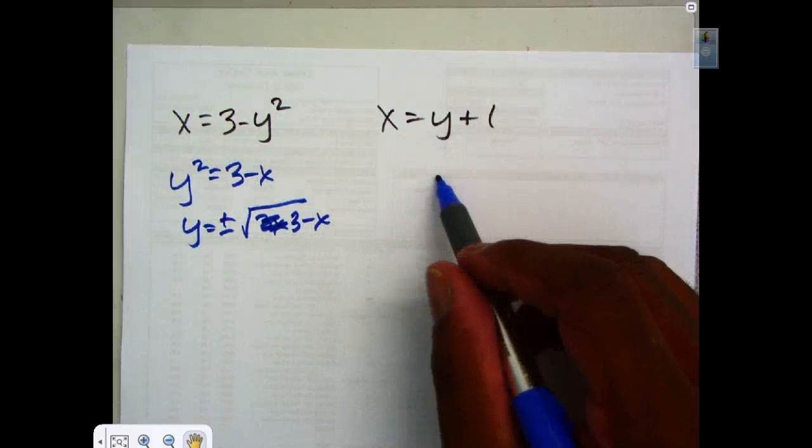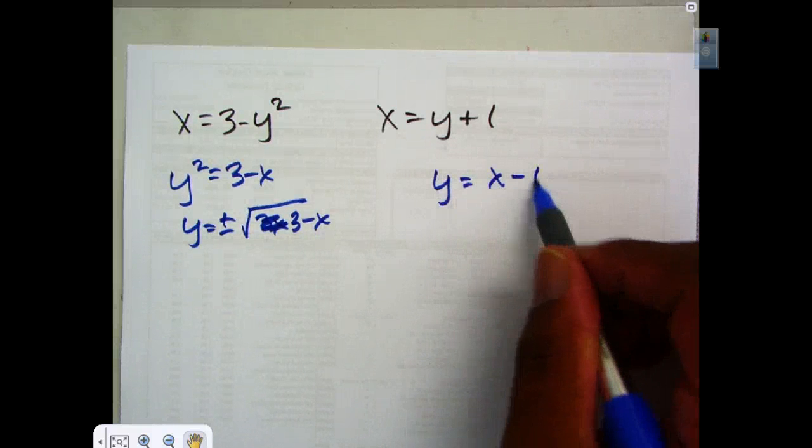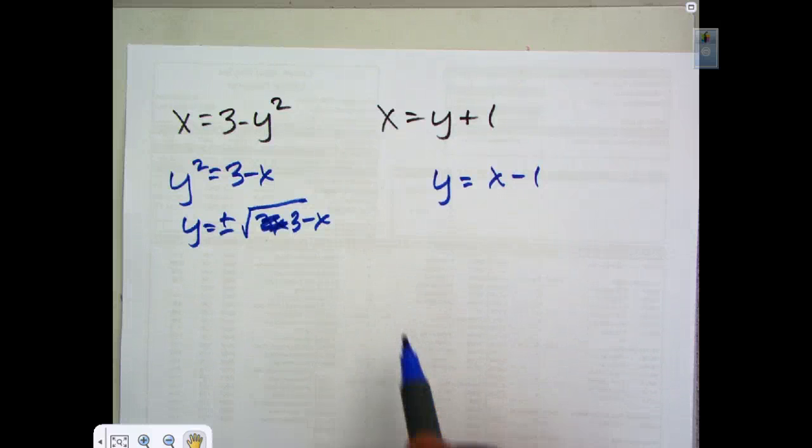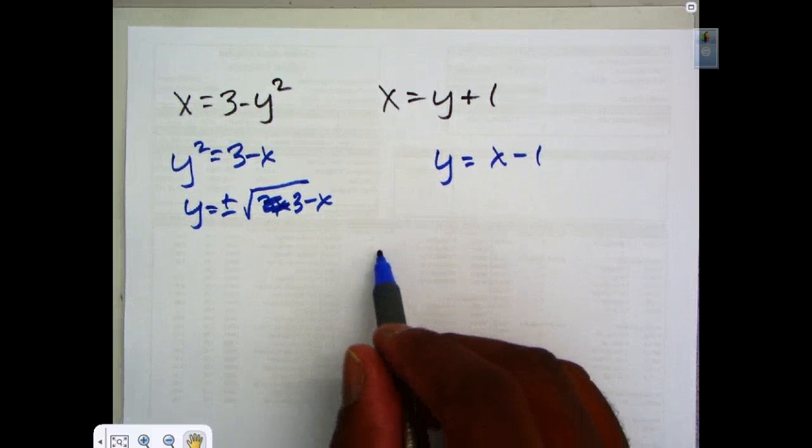Okay, this one is y is equal to x minus 1. All right, so what would the graph look like?